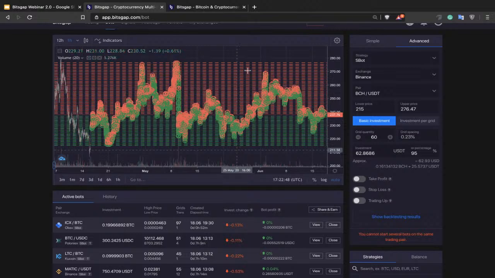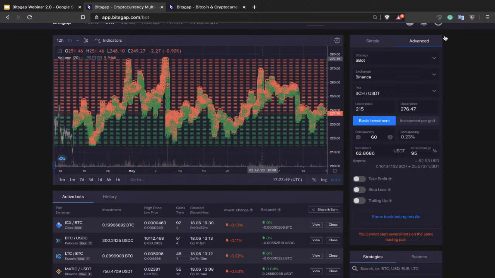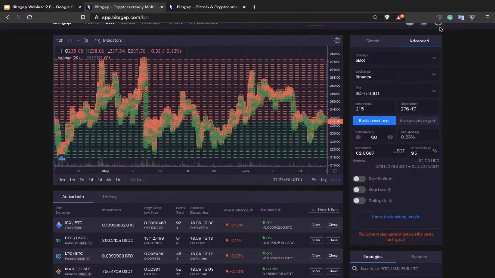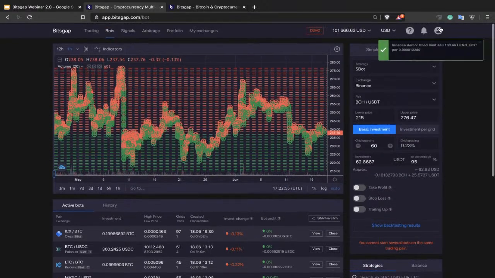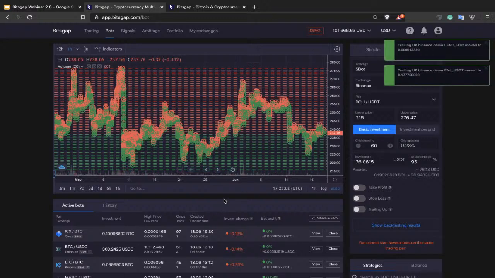For you, I would recommend to trade using the demo account before risking your real money, because in the demo account you have a risk-free simulator, virtual money, which you can trade to find your best settings.